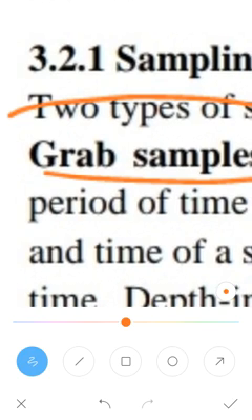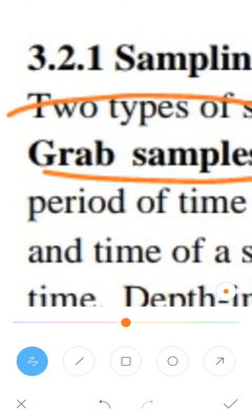These samples are taken at a selected location, depth and time. Depth-integrated grab samples are collected over a predetermined part of the water column, the depth having been predetermined earlier.